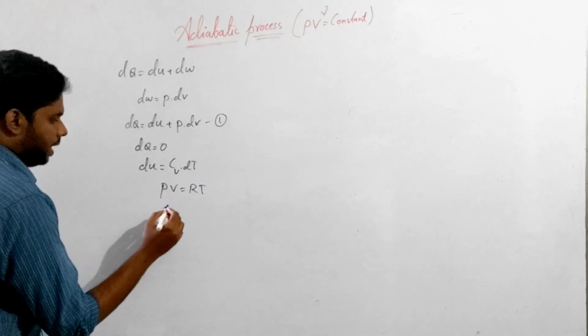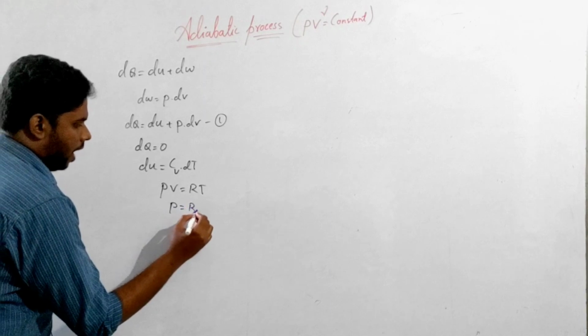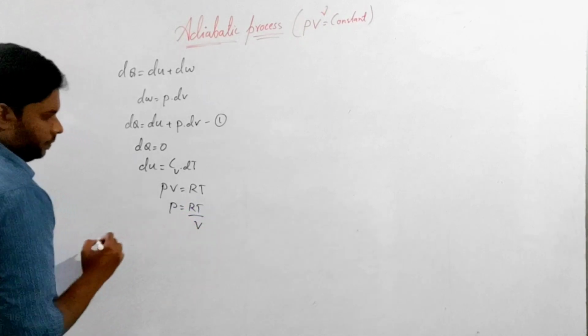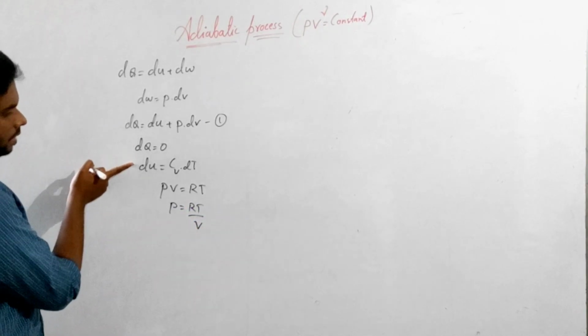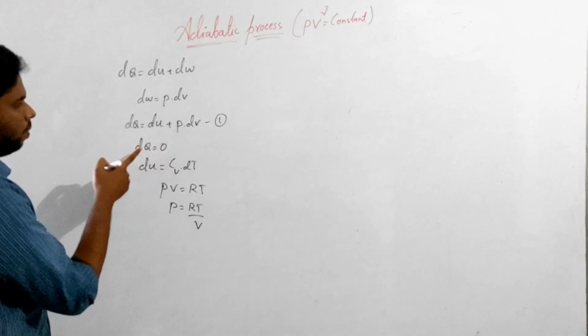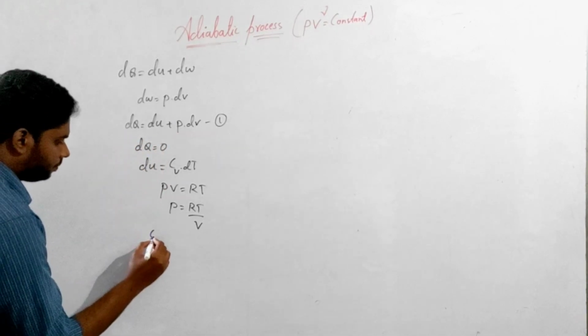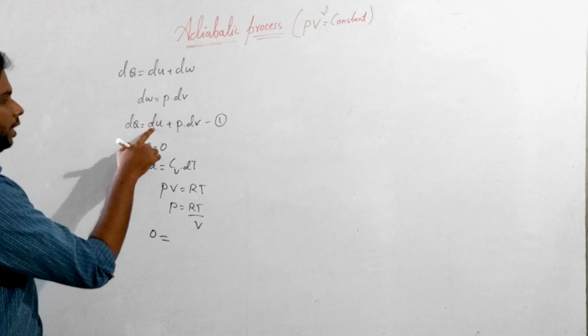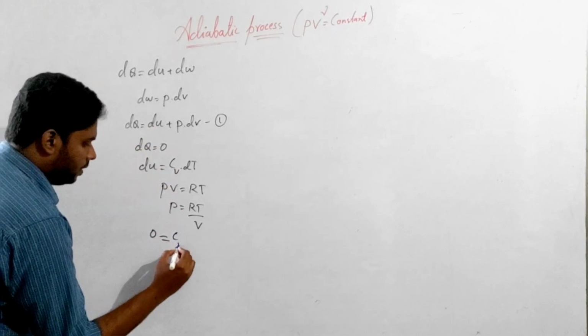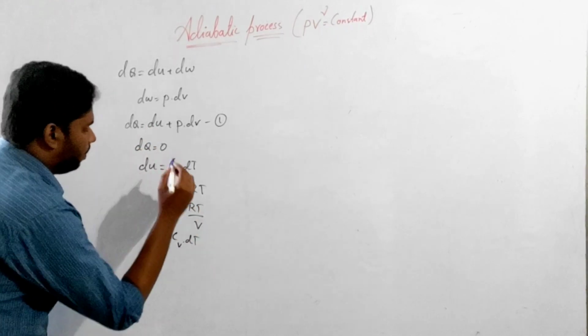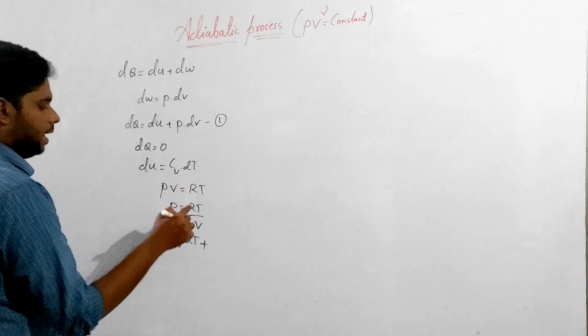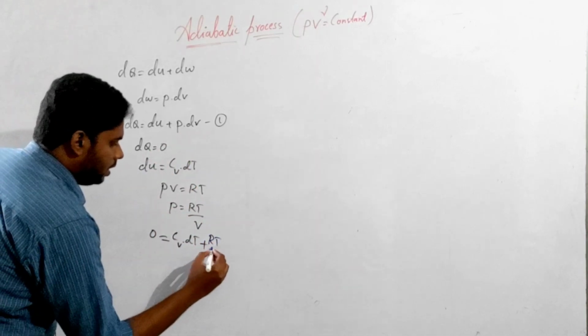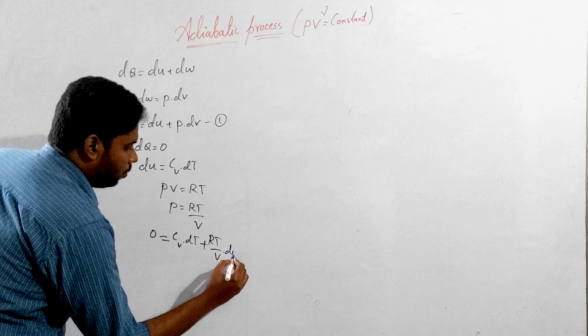From here I can write P as RT divided by V. If I substitute these three values in equation number 1, what I get: dQ is 0, which equals dU, which is Cv dT, plus the pressure, which I can write as RT by V, into dV.